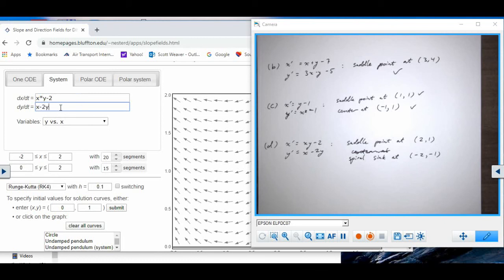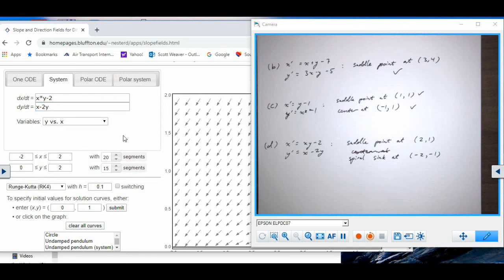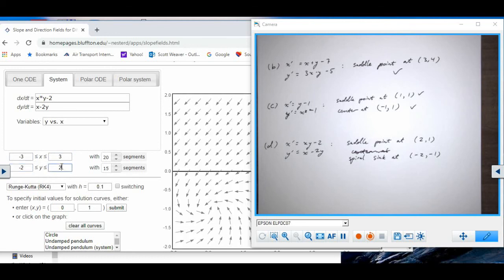Now what we're expecting to see here is a saddle point at 2, 1 and a spiral sink at negative 2, negative 1. So it looks like the x values should go from negative 3 to 3, and the y values should go from, let's say, negative 2 to 2. Alright, now let's have a look.